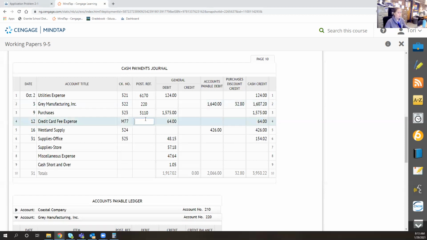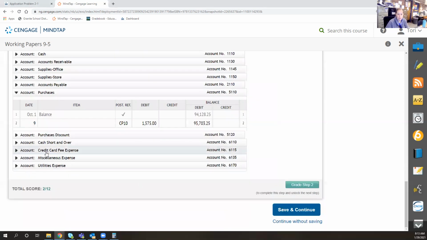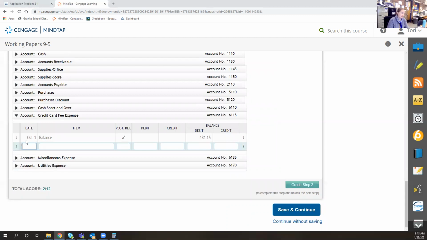All right, our credit card fees. We need to go to the ledger of credit card fees. This happened on the 12th. Nothing in for item. Post reference CP10. We debited for $64.